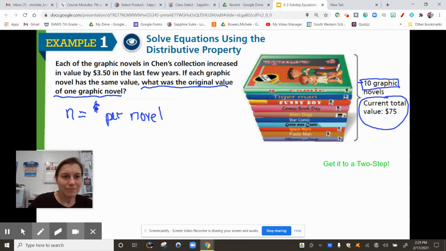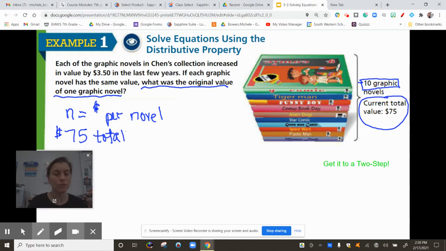Not just one. Okay, so how do I set this up? Well, like we said before, is there a total? Well, there's a total amount, and the total amount that it's worth is $75. So that means if you take all 10 of those graphic novels and you add them up, then they would be worth a total amount of $75.